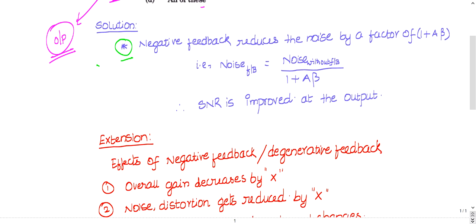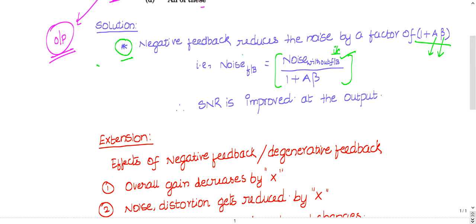Negative feedback reduces the noise by a factor 1 plus A beta, where A is the gain and beta is the feedback factor. This is the noise without feedback, just like an input signal. After feedback, the noise becomes the original noise divided by 1 plus A beta. So if the original noise is some x, it gets divided by 1 plus A beta.